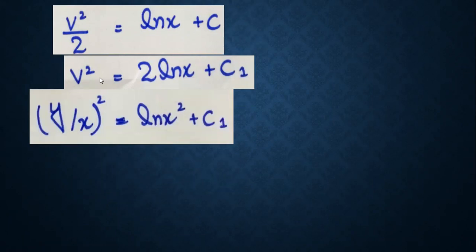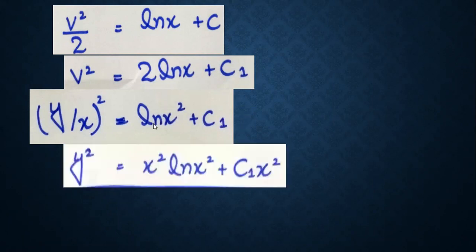Okay, we had the problem in y and x, so I will put back v is equal to y over x. It becomes (y over x) whole square is equal to 2 natural log of x plus c1, where I took this 2 as the power of x, so it becomes natural log of x square plus c1.